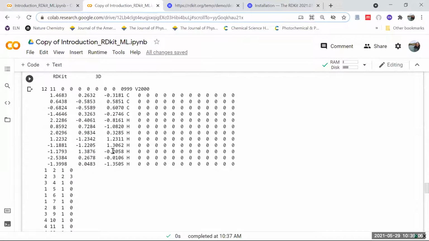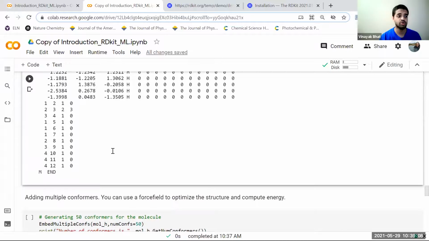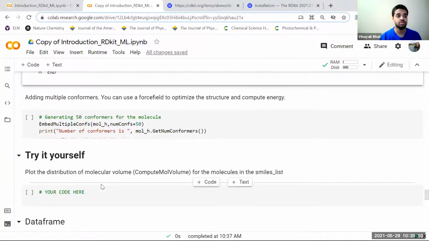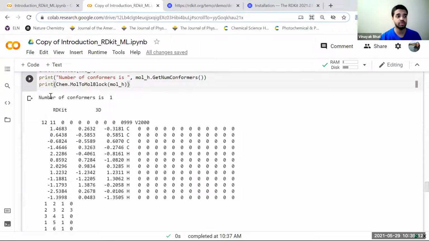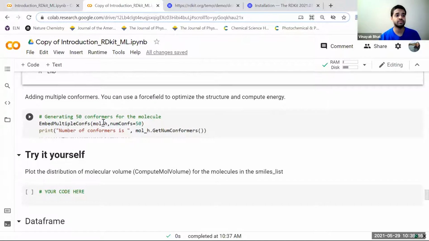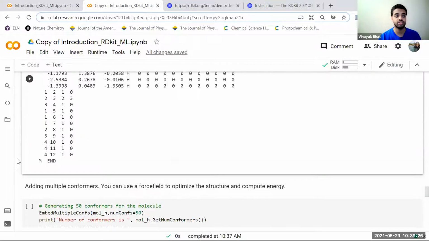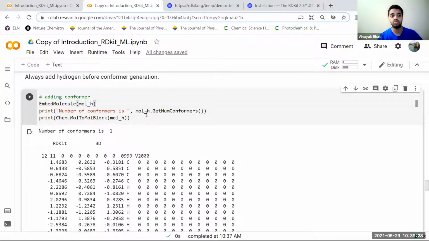So let's proceed. In this case, we added one conformer, so the number of conformers is 1. You can generate hundreds of conformers if you want, because you want to sample the space. And how do we choose the most stable one? Yeah, that's a good question. In this case, it just gives you one conformer.